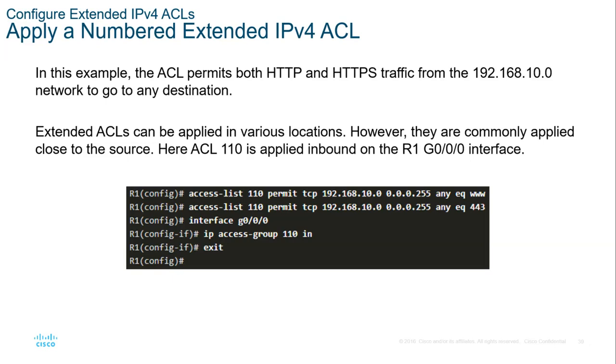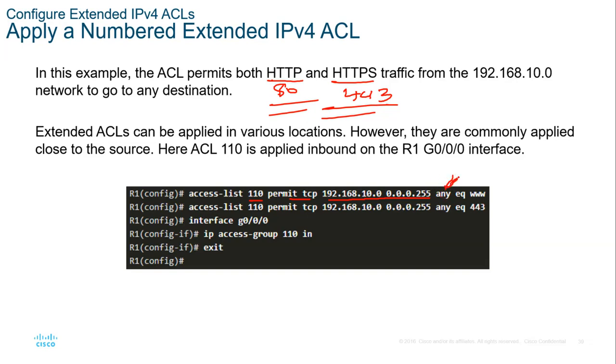Okay, so this is a numbered extended IPv4 access control list. Still we have two when you look at this: the port number 80, and then 443. To do that, it's access list 110 permit TCP. We're permitting this network address to any network.